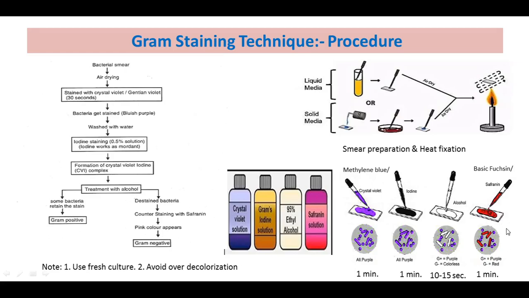and then dry the slide, either by air drying or by using blotting paper. Now the slide is ready for observation. One important point to consider in this technique: use fresh culture.